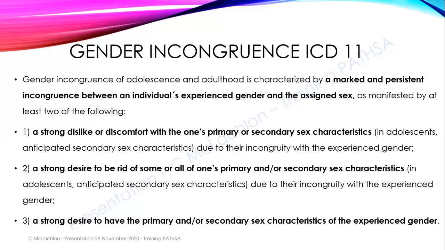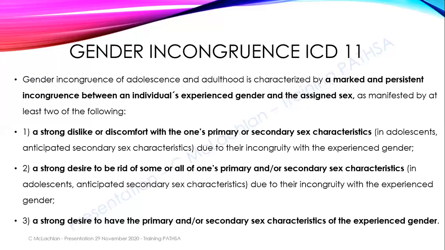And the two elements that need to be there is a strong dislike or discomfort with the primary or secondary sex characteristics, or in an adolescent, the anticipated secondary sex characteristics due to their incongruity with the experienced gender.